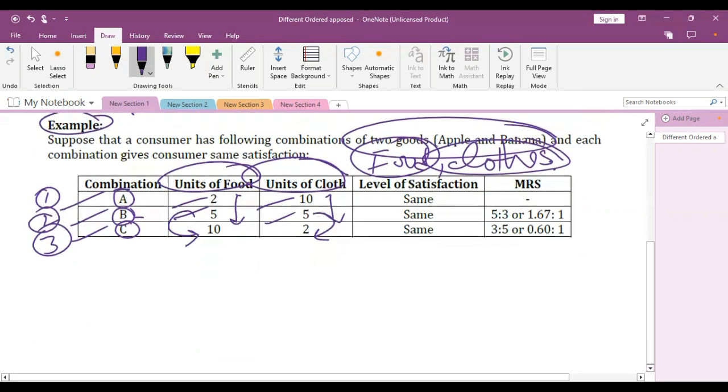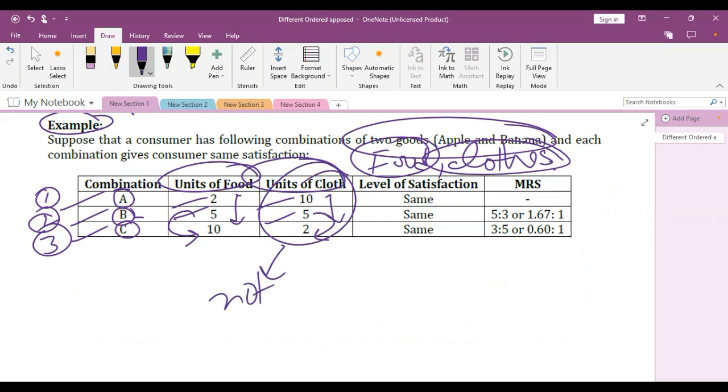The point that needs to be understood here is that the reason for decreasing cloth units is not the magnitude analysis.